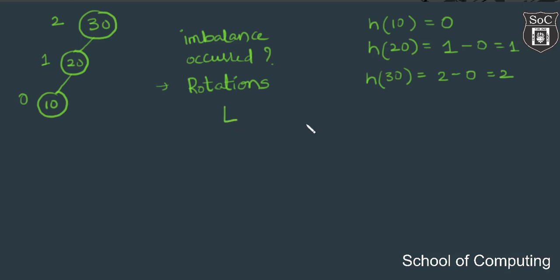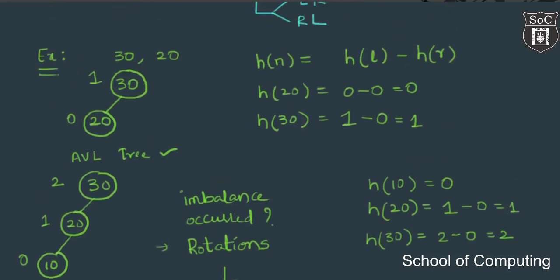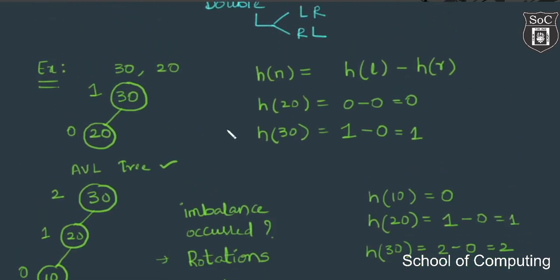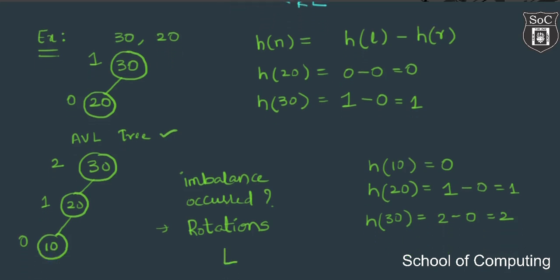Now, you know very well that previously, when 10 was not added and only 30 and 20 were there, was there any problem? No, there was no problem and the tree was height balanced.